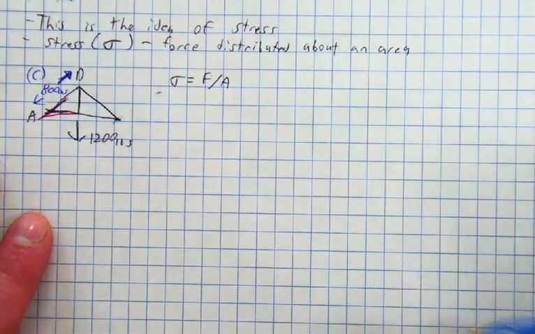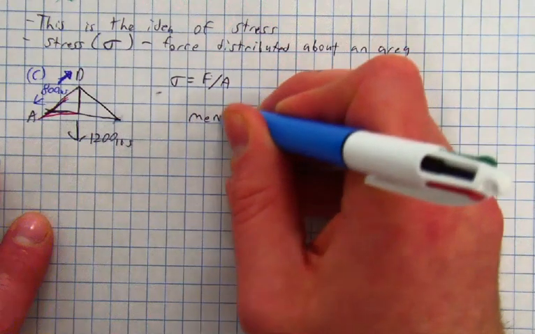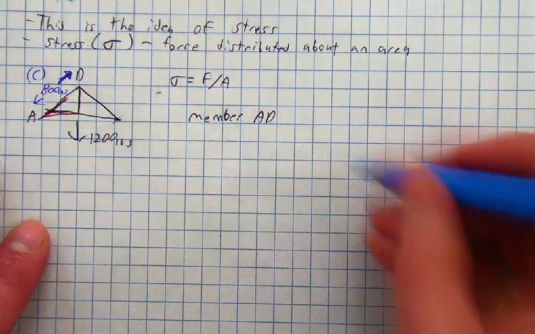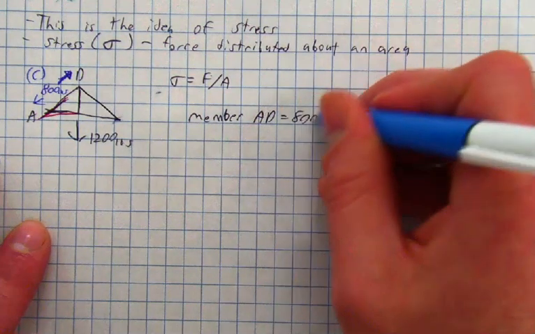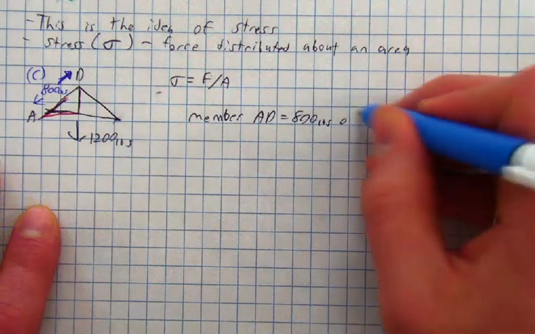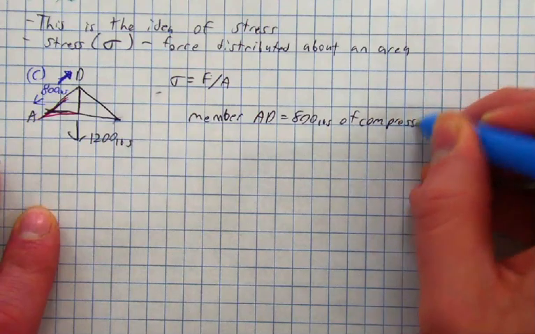Let's say we did all of this and we say member AD equals 800 pounds of compression force.